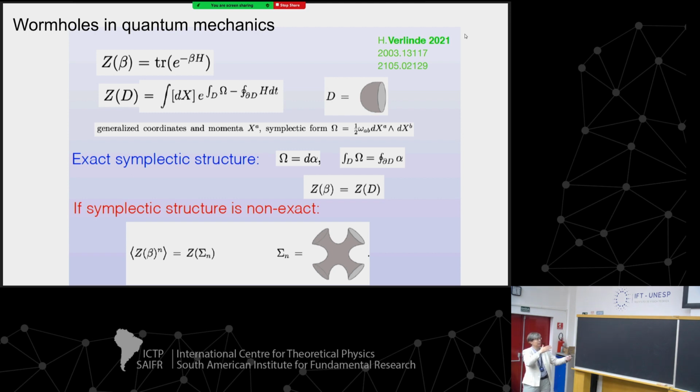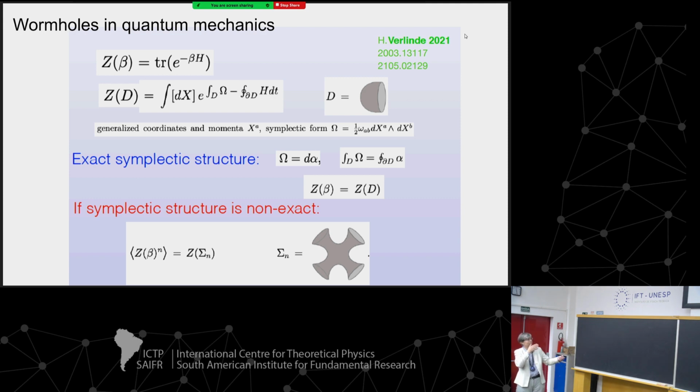For instance, if we consider generalized coordinates and momenta, so we are in phase space, with coordinates and momenta x^a, then there's a symplectic form which takes this particular form here. This holds for any dynamical system, already in classical mechanics.